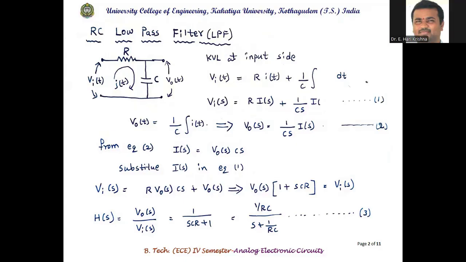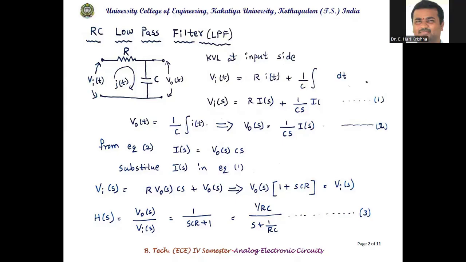We'll apply KVL at the input side. Vi of t is equal to R into I of t plus 1 by C integral of I of t dt. Applying Laplace transform to this equation, Vi of s is equal to R into I of s. Integral equation Laplace transform is 1 by s.